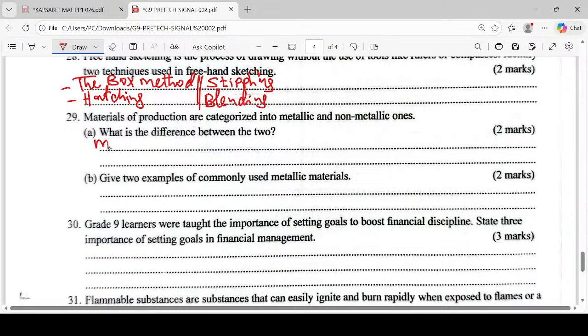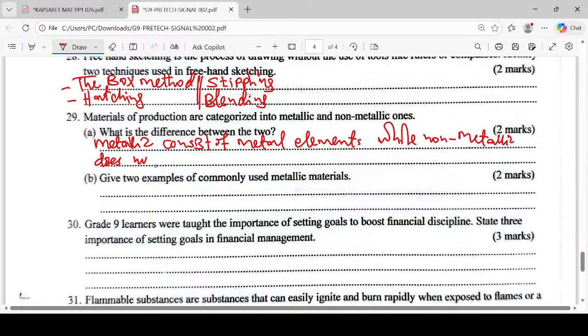So you can say metallic consist of metal elements, while non-metallic does not have characteristics of metals.